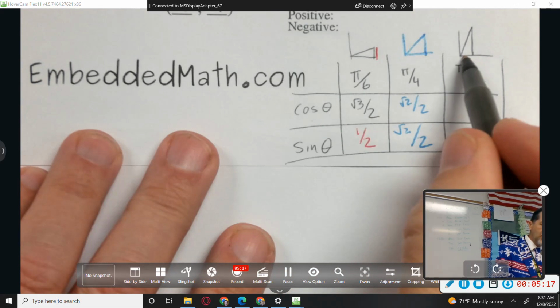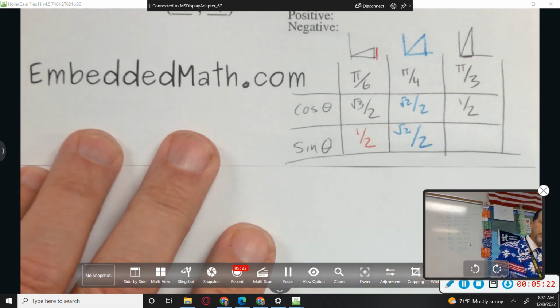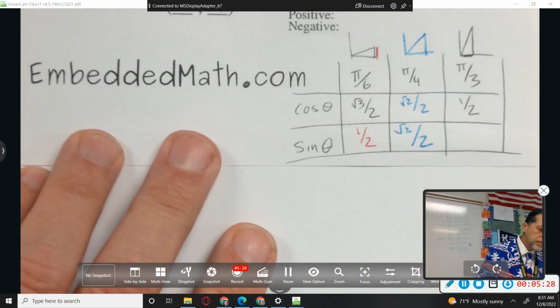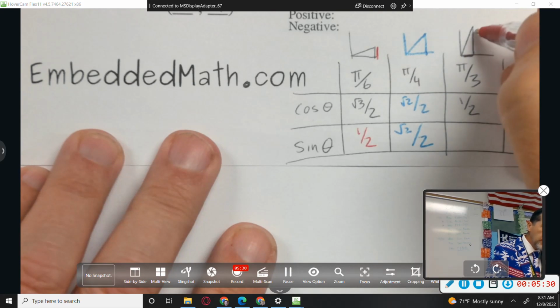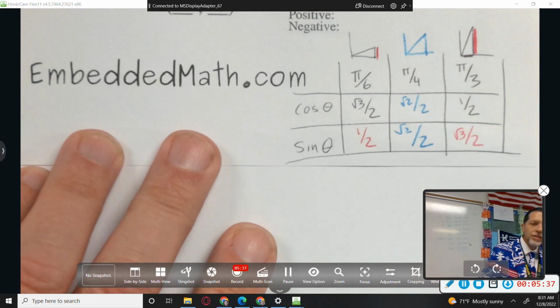Cosine is the x. For pi over 3, that's the short side, so that's 1/2. Or you just remember that the pi over 6 and pi over 3 values are switched. Sine of pi over 3, that's the y side. The y side is the long side, so that's root 3 over 2.